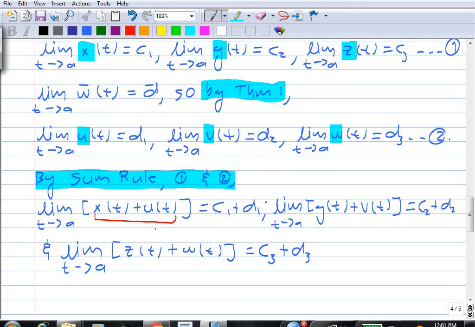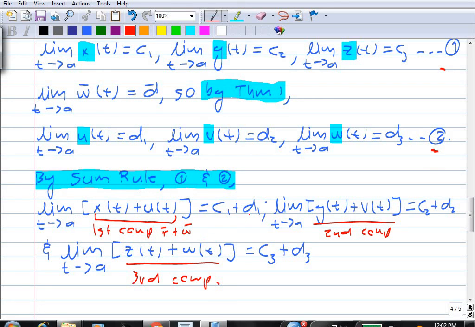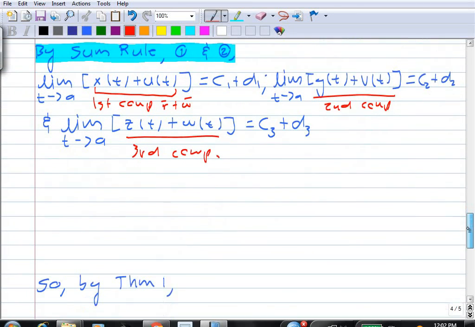Remember, x plus u is the first component of r plus w, y plus v is the second component, and z plus w is the third component. So the sum rule and 1 and 2 tell us that these limits exist and are equal to c1 plus d1, c2 plus d2, and c3 plus d3 respectively.